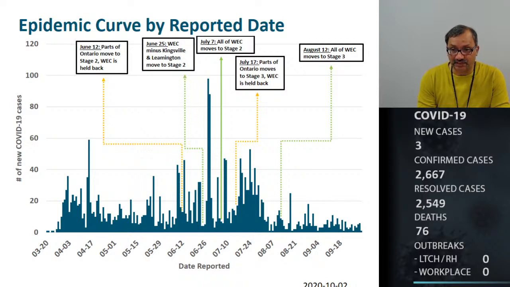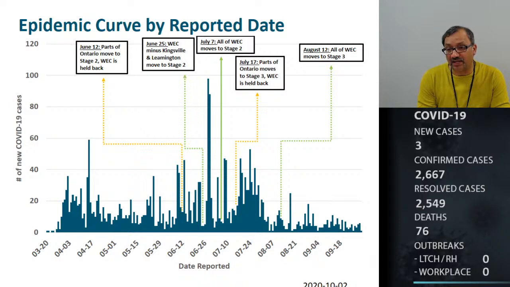What you will notice in this epi curve today is the timeline when each of these regions moved into stage 2 and then moved to stage 3. What we have seen in Windsor since the beginning of the pandemic is a spike in the number of cases, and then in parts of the province, when it moved to stage 2, we continued to see a similar number of cases.